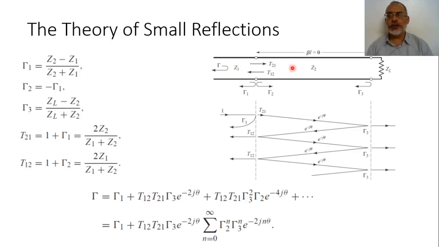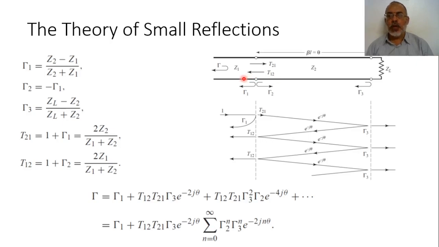This reflection coefficient equals Z2 minus Z1 over Z2 plus Z1. This is the first reflection coefficient that appears at the wavefront of the wave coming from Z1 to Z2.